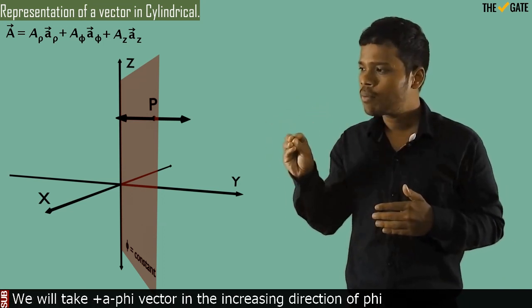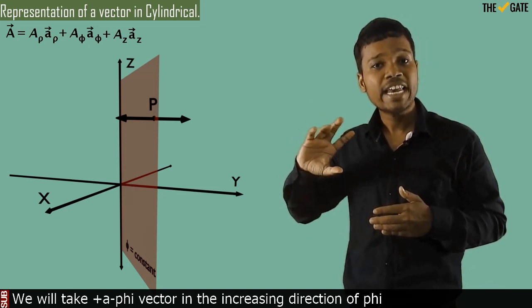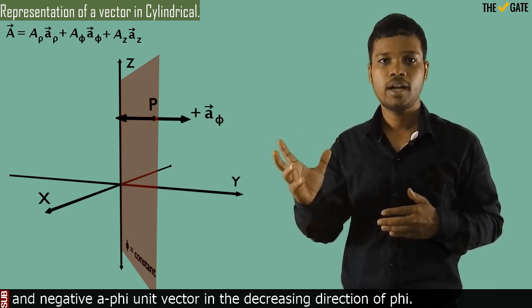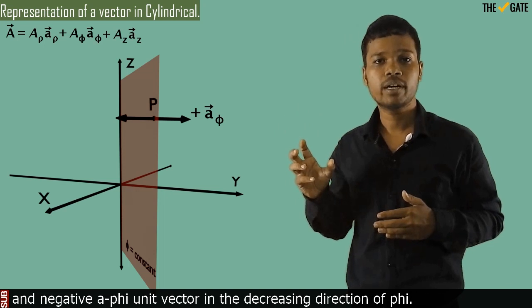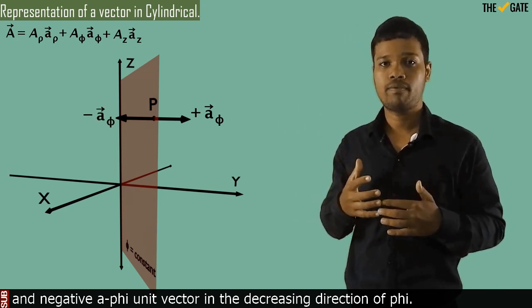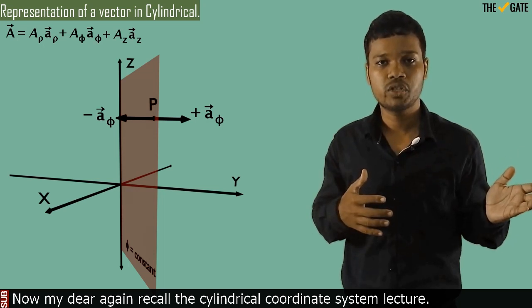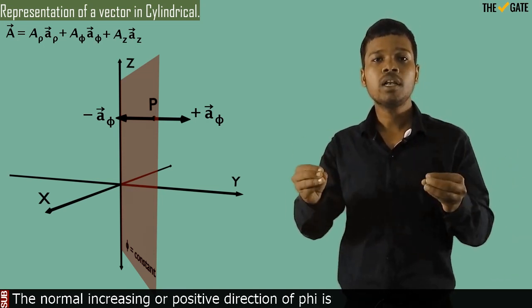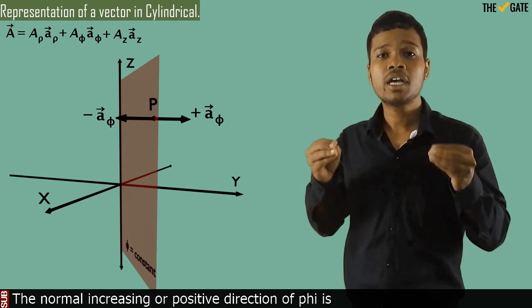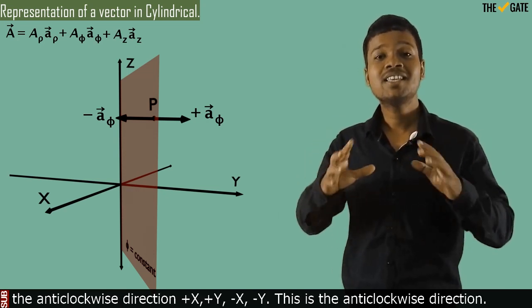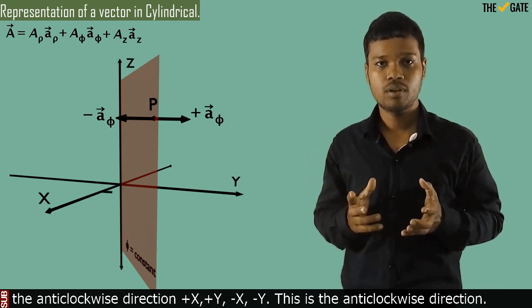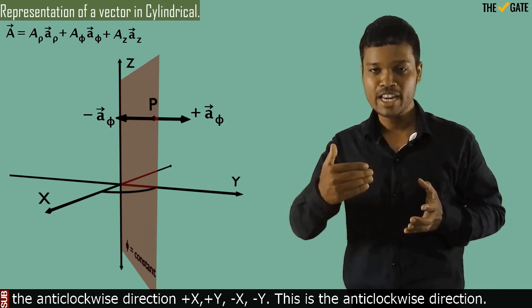We will take positive a phi vector in the increasing direction of phi and negative a phi unit vector in the decreasing direction of phi. Now, my dear, again recall the cylindrical coordinate system lecture. The normal increasing or positive direction of phi is the anticlockwise direction. Plus x, plus y, minus x, minus y.